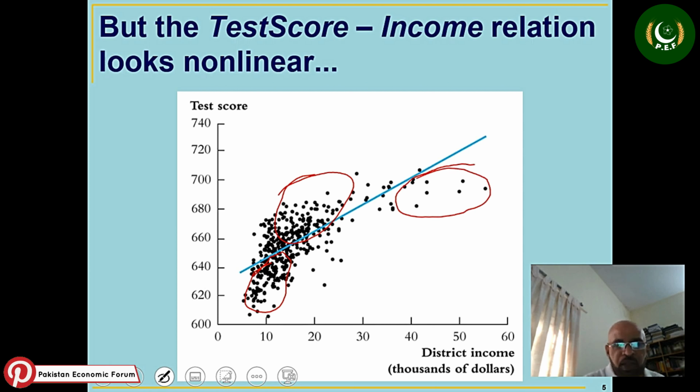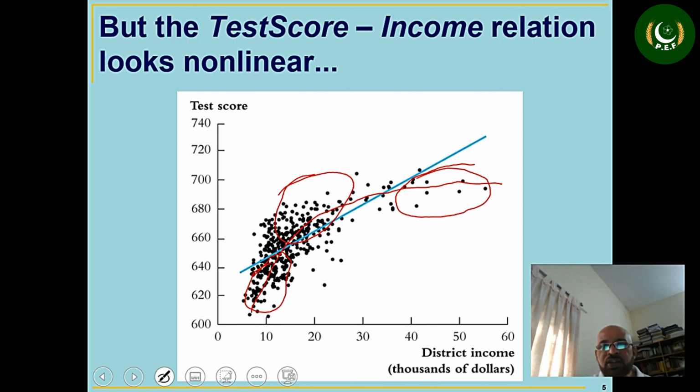So if you think visually, it may be the case that this type of regression line may be better. So this relationship seems non-linear. Change in income from $10,000 to $20,000 will not have the same change in test score as change in income from $40,000 to $50,000.